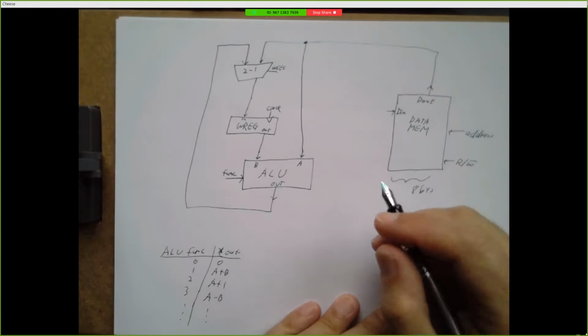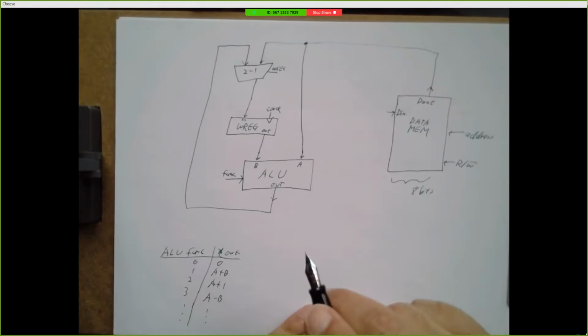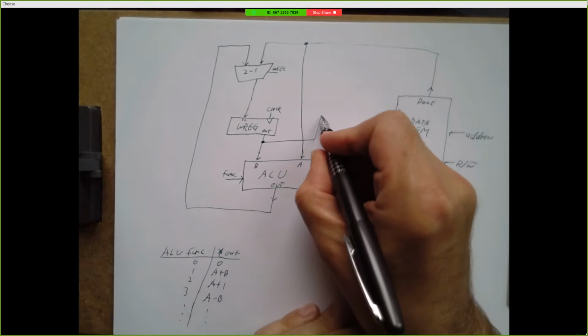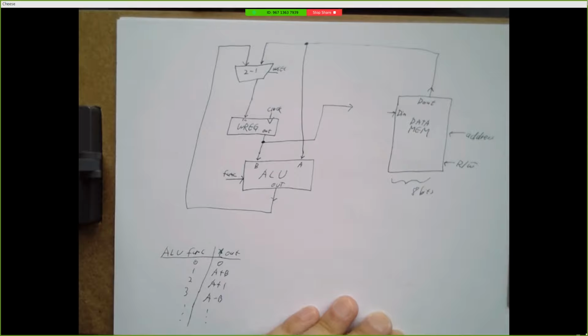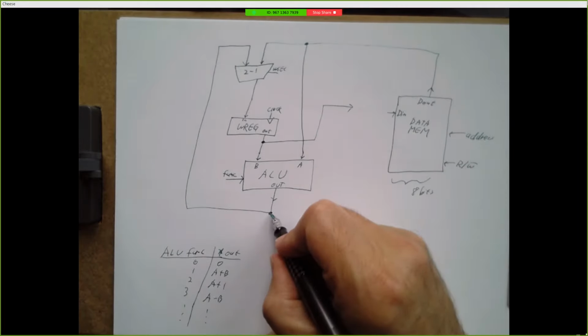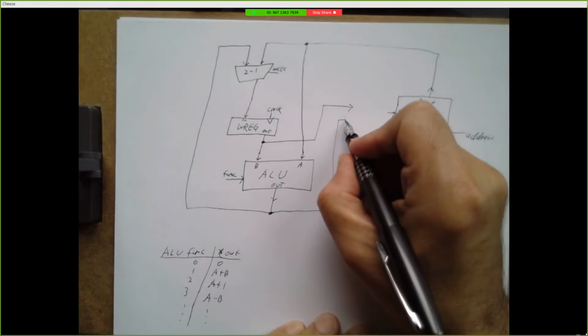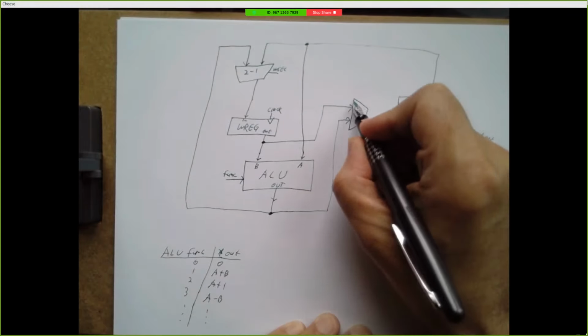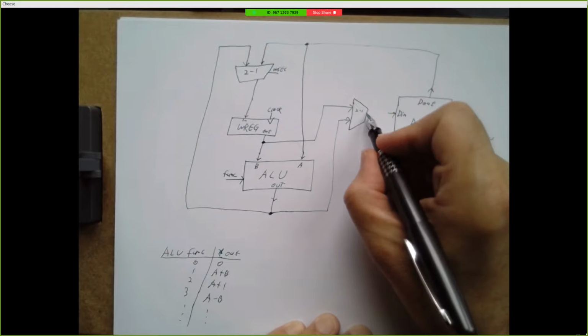And the data input to the data memory can come from one of 2 places. It can come from W reg, or it can come from the ALU. So we're going to use another multiplexer. That's a 2-to-1.